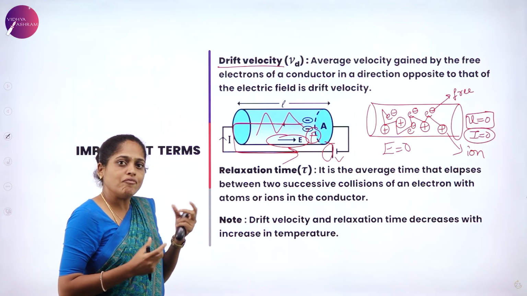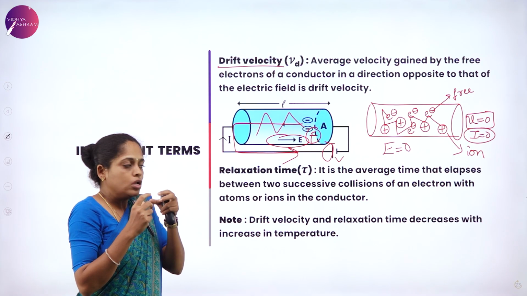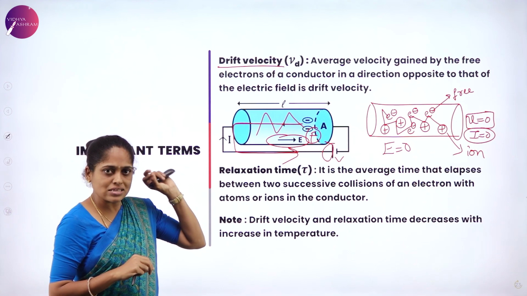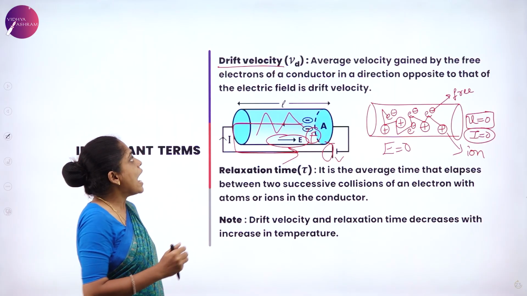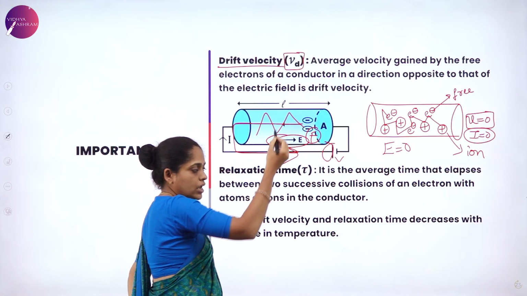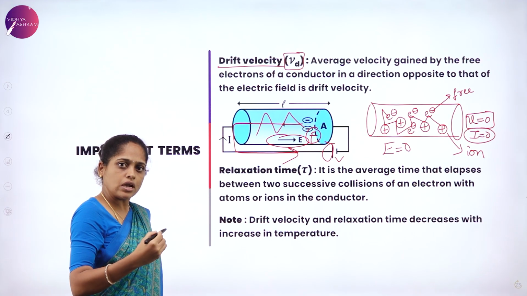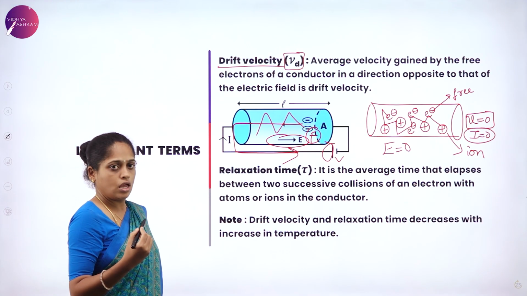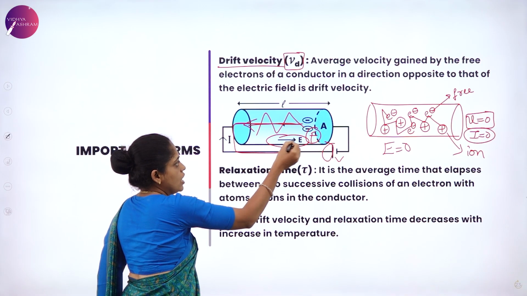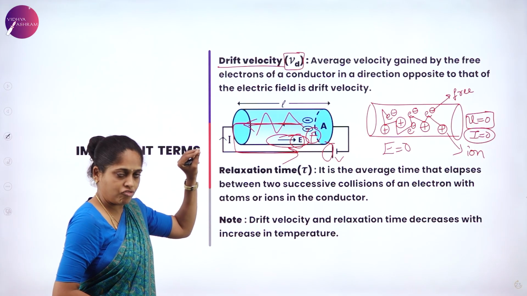The velocity with which they slowly move towards the positive terminal of the battery is known as drift velocity, and it is denoted by V subscript D. The D represents drift, V represents velocity, which is in the opposite direction to the electric field. So this you have to include in the definition.